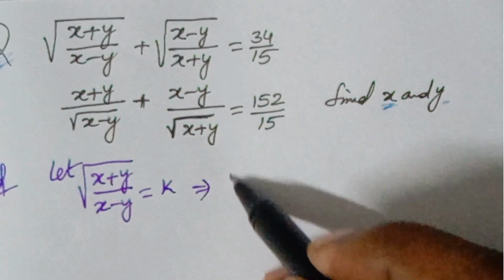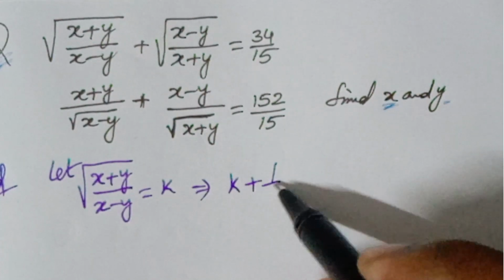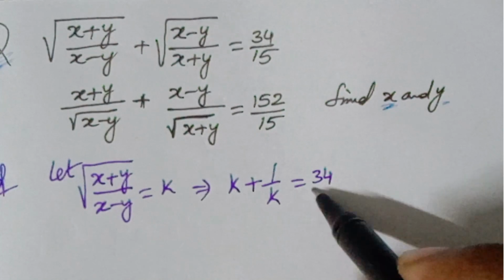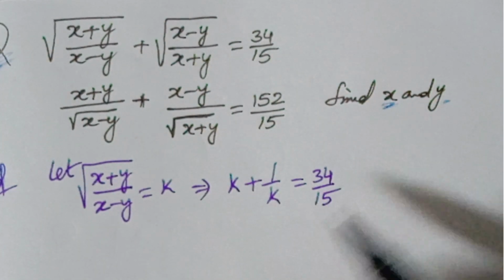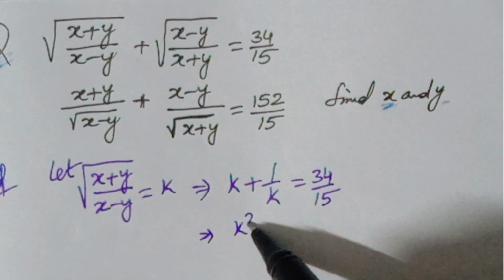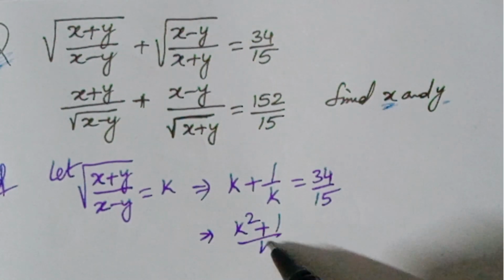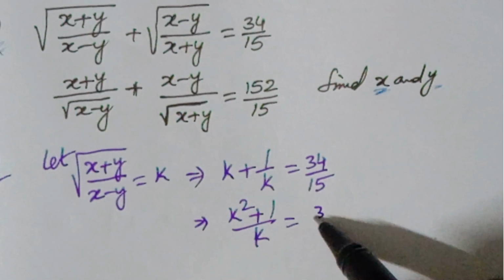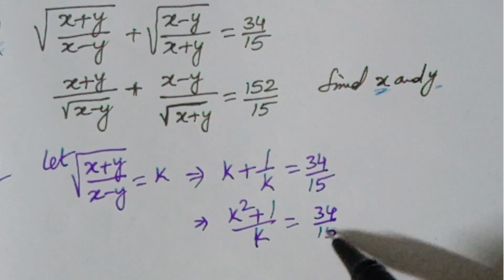Then the first equation will become k plus 1/k is equal to 34/15. Now we can take LCM here. (k square plus 1)/k is equal to 34/15.